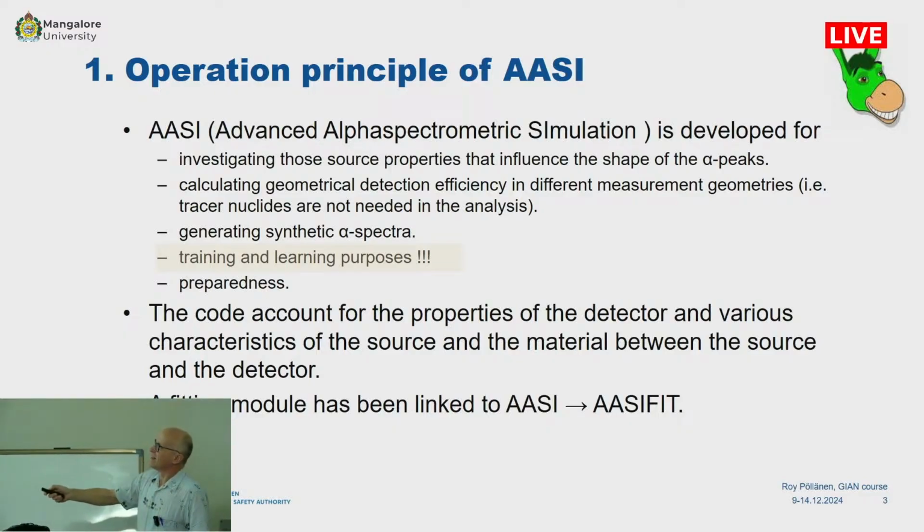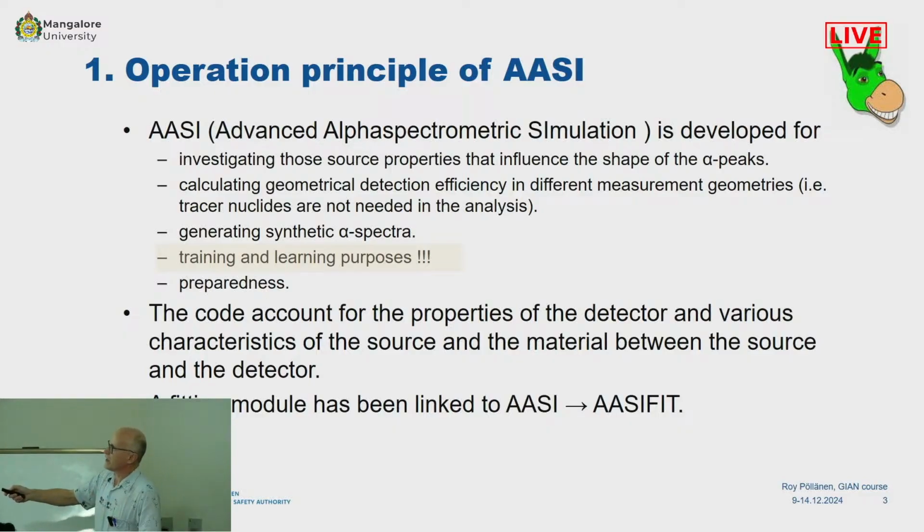Okay, so this code is intended to investigate source properties that influence the shape of the alpha peaks. And sometimes this is very useful when you want to understand, for example, those hot particles that I showed you. You can characterize source properties just doing a spectrum measurement and then try to do some simulations.